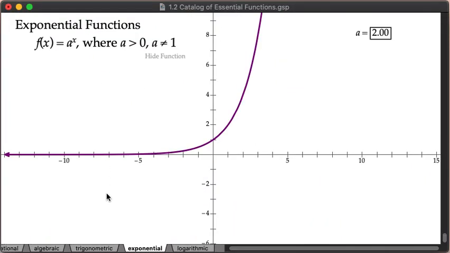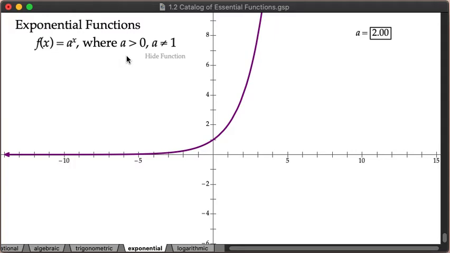So exponential functions are very different from power functions. Power functions are x to the a. Exponential functions are a to the x. It is worth having an entire video on just exponential functions, but you should kind of know exponential functions swoop up if the base of the function, that's the a, is greater than 1.